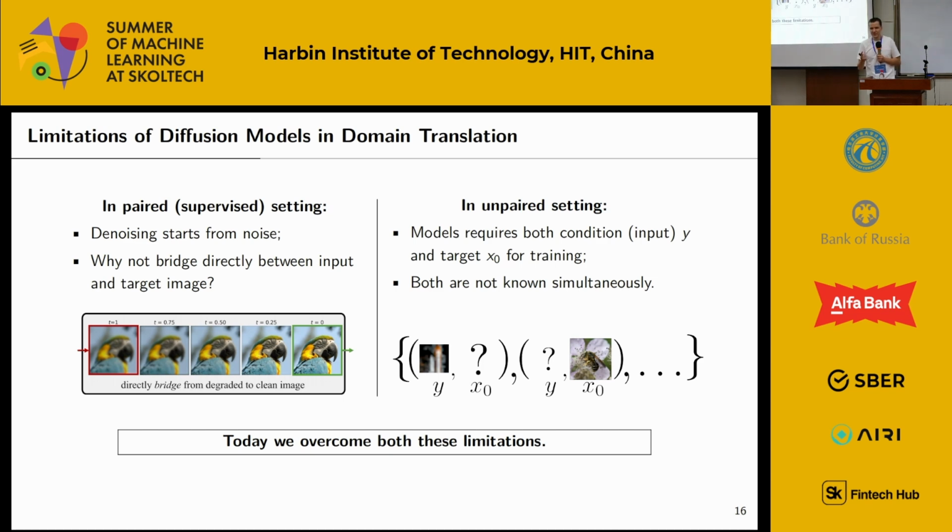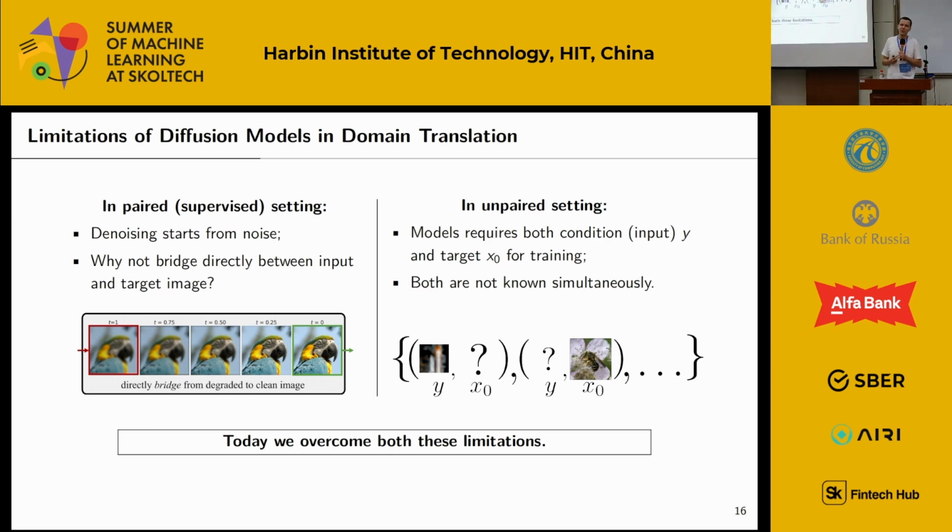Why? Because to train a conditional diffusion model, we need to have pairs of data, obviously, because in our loss function we had two inputs, in fact, the condition and the target. In the unpaired setting, we have either input samples or target samples, so we do not have pairs.